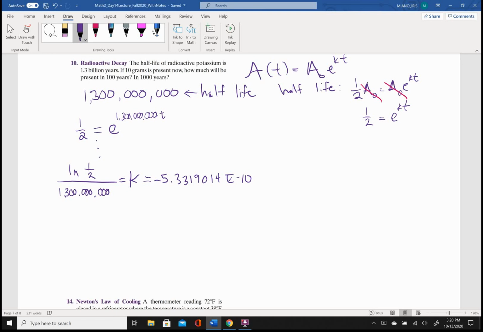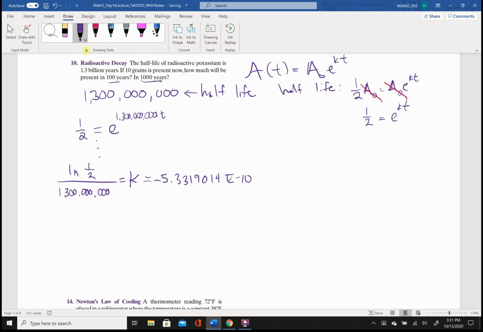This is what we should expect, because it takes 1.3 billion years just to get rid of half of radioactive potassium. Wow, that's a long time. So if we want to know how much is going to be left after only 100 years or 1,000 years, spoiler alert, we shouldn't expect very much of it to disappear after that relatively small amount of time.